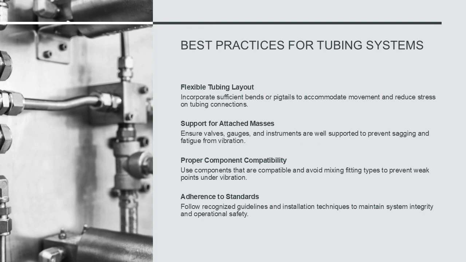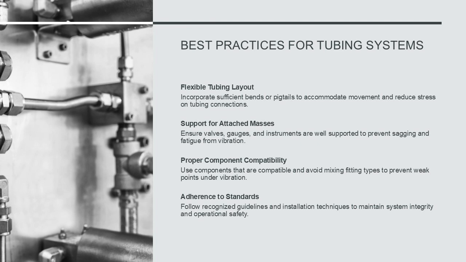All supports should be verified for effectiveness, ensuring they provide adequate restraint under operational conditions. The tubing system should be designed according to recognized standards, using appropriate components that are compatible with each other. Mixing fittings of different types or incorrect assembly practices can create weak points that fail under vibration. Proper installation techniques, including secure fastening and alignment, are essential to maintain system integrity.